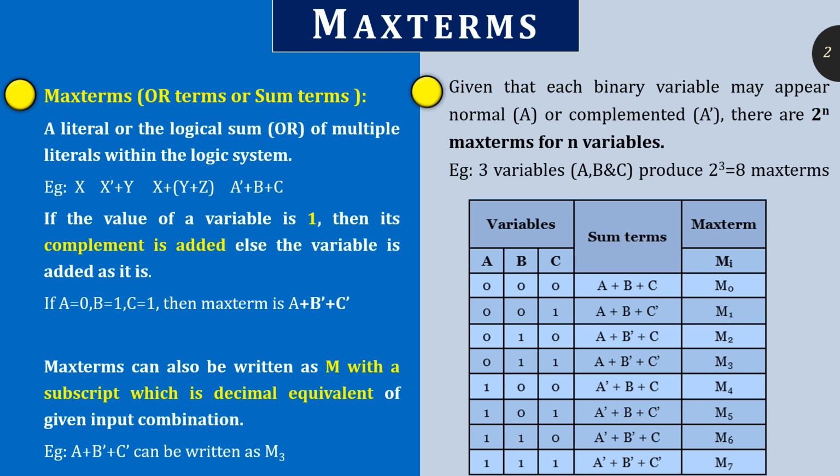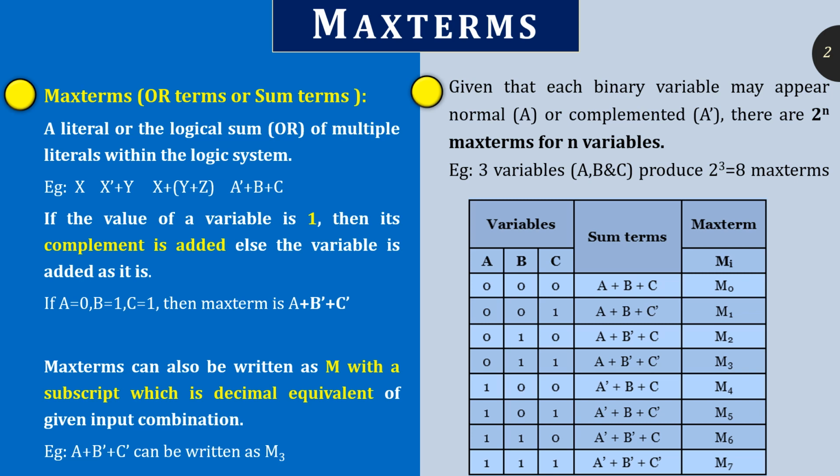So if a is equal to 0, b is equal to 1 and c is equal to 1, then the max term is a plus b bar plus c bar. So if the variable is 1, then we need to represent that variable with its complement. So if b is equal to 1, then b is represented as b complement. It is just opposite to that of min terms.